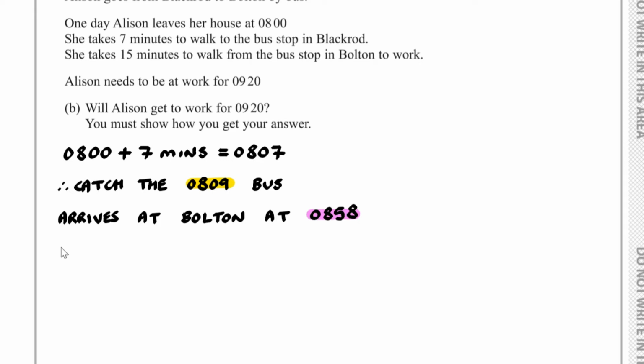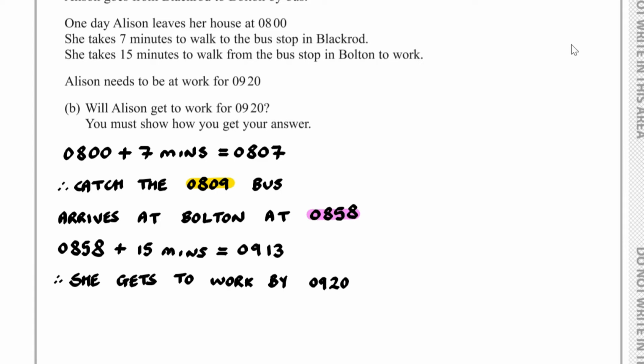So if we have this 8:58, and if I add on to this 15 minutes, the time she arrives at work is 9:13. So she gets to work by 9:20.